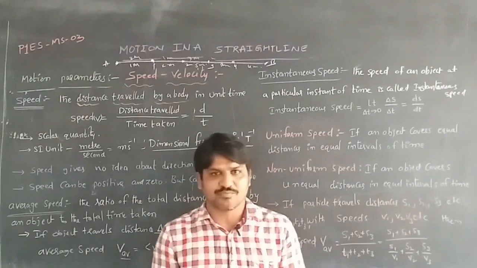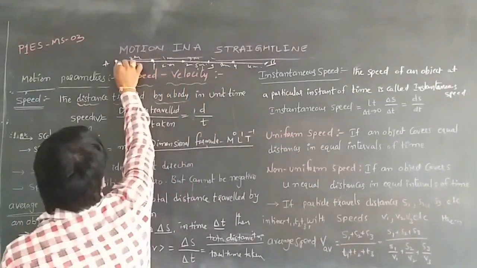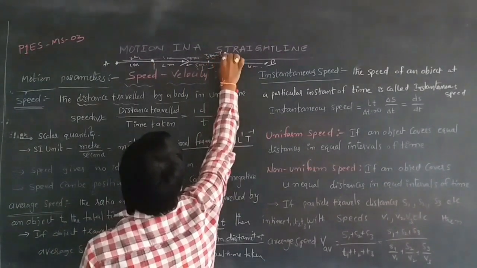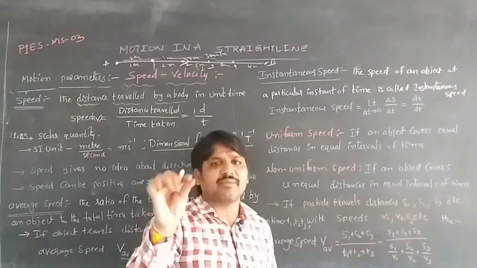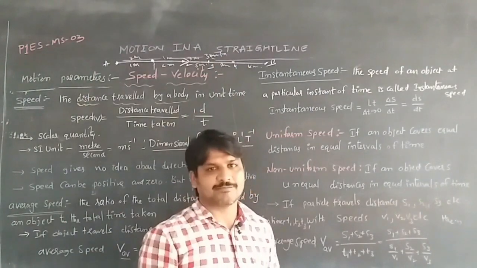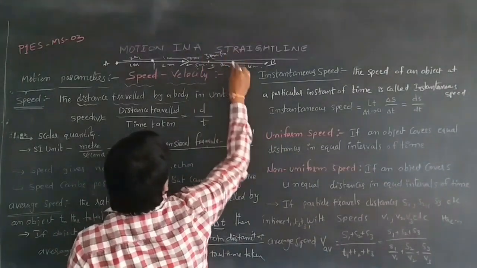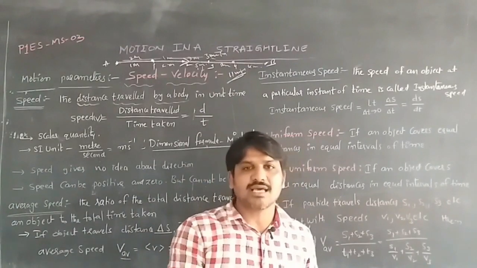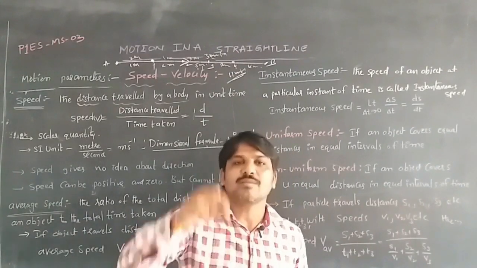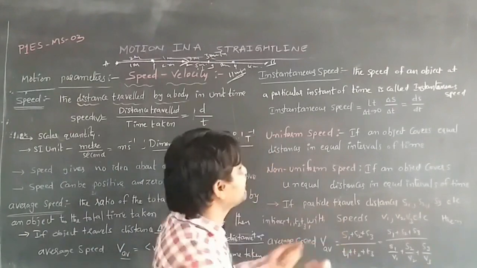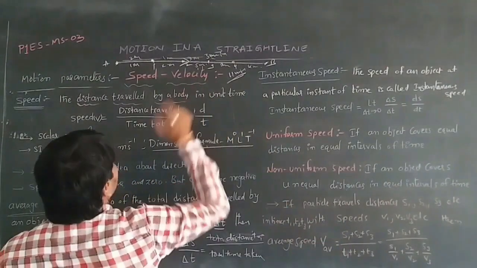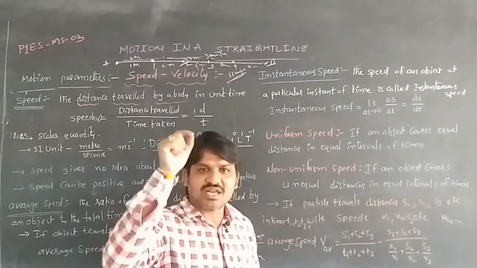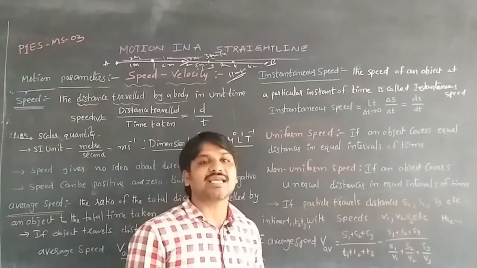If the body is moving from A to B, and the total time taken is 30 minutes, then at a particular instant, at the time of 11 minutes, what is the speed of the body? That will be the instantaneous speed, the speed of an object at a particular instant of time during its total motion.